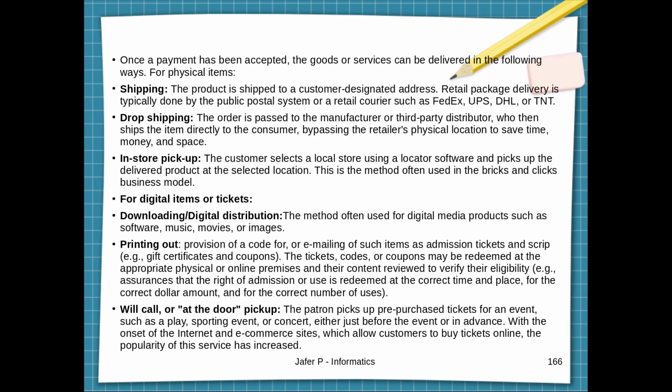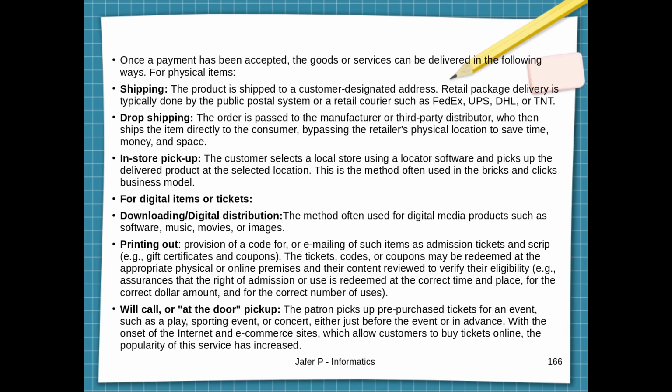suppose we purchased a ticket for a cinema or film, right? So we don't want to keep that ticket with us. We can go there to the respective shopping mall or the place where the cinema is running, the theater, right?